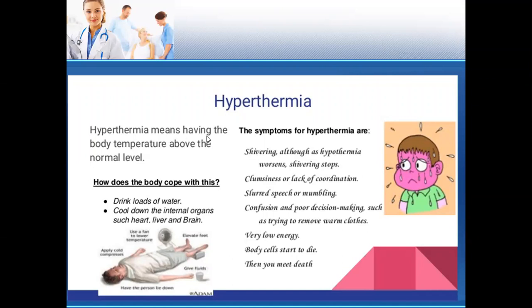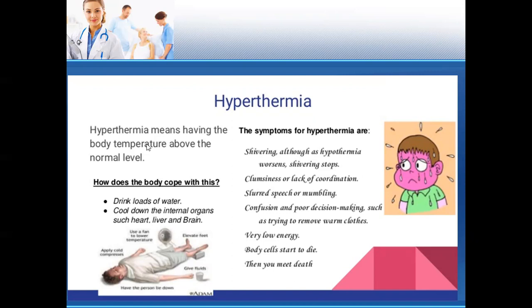Hyperthermia means having a body temperature above the normal level. If your patient has hyperthermia, how does the body cope with this? Tell your patient to take enough fluid, or drink as prescribed, or cool down the internal organs such as the heart, liver, or brain.